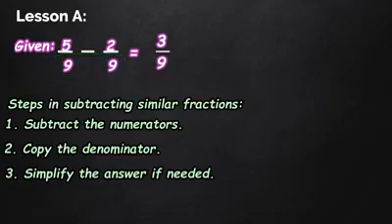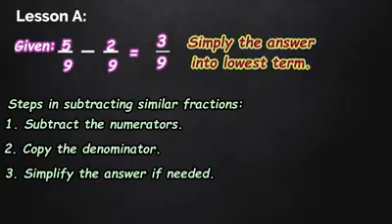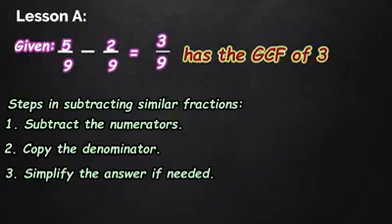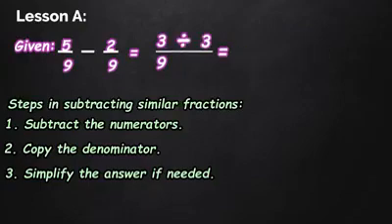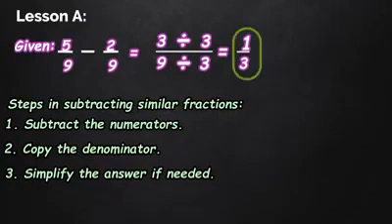But 3/9 is not in the lowest term, so we need to simplify our answer. 3/9 has the GCF of 3. 3 divided by 3 equals 1. 9 divided by 3 equals 3. Thus, the answer is 1/3.